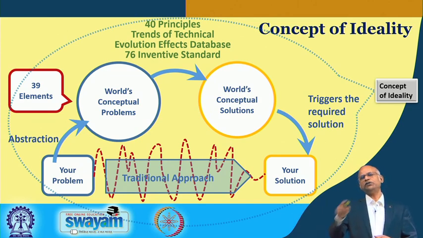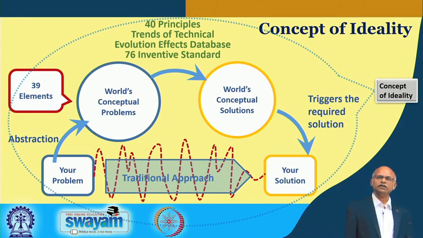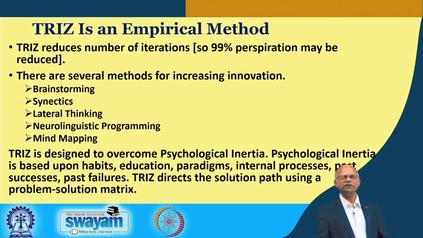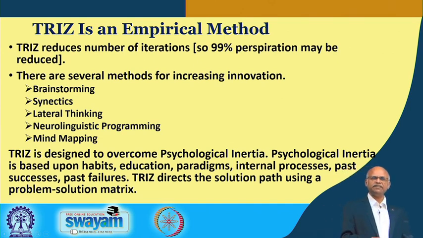Now, using the solution you start building a product. So, there is a long way to go. It is not that you just have a solution. So, eventually you find a solution. That is the philosophy. TRIZ is an empirical method, as I said. It involves brainstorming, then synectics, as I just defined in the previous session, lateral thinking.